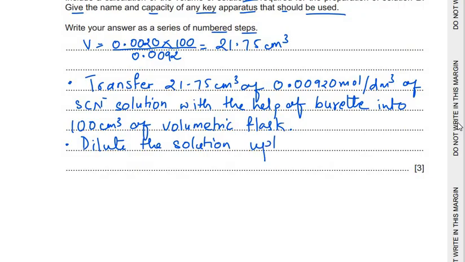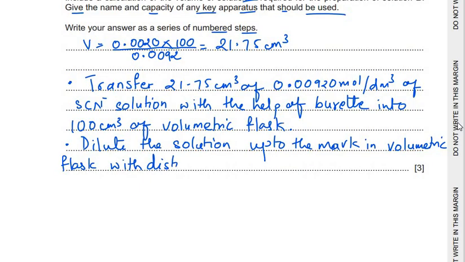dilute the solution up to the mark in the volumetric flask with distilled water. We need to be very specific, so here we should mention that it is with the help of distilled water, and shake well.